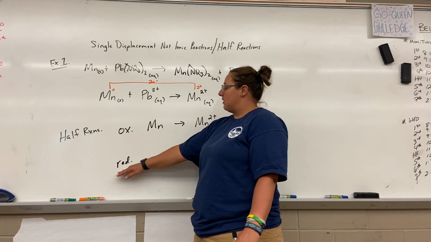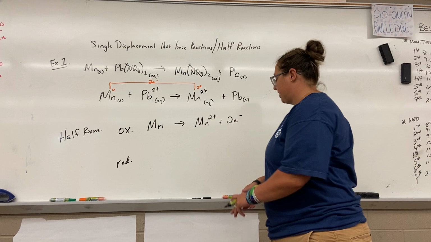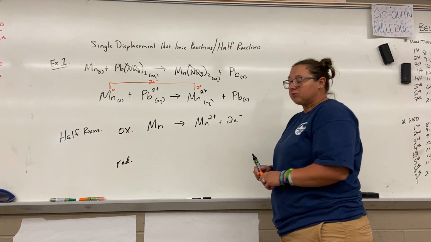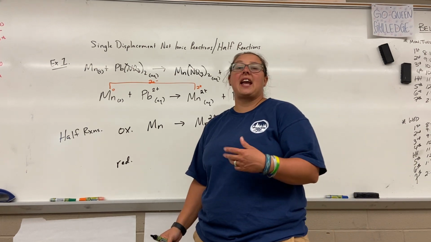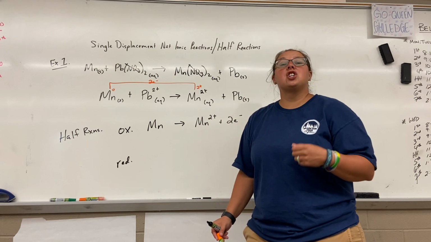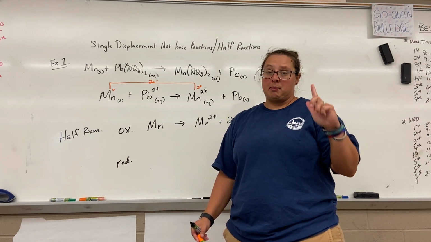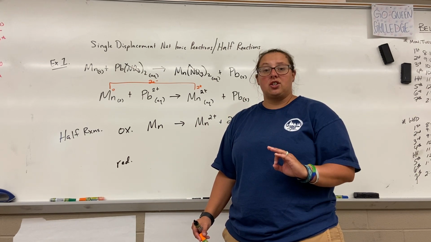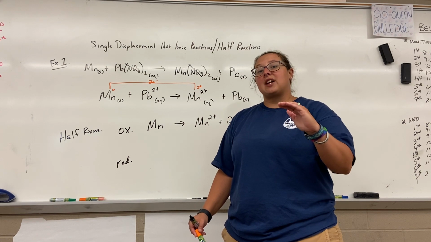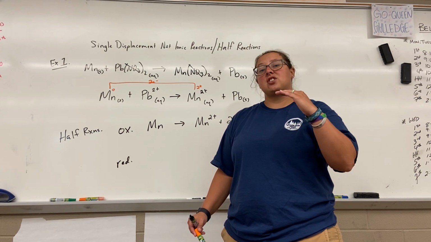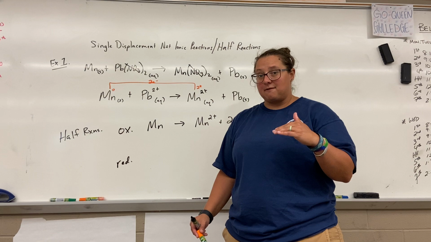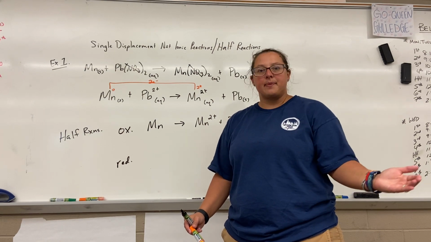Now we're going to do the half reaction for the reduction. So we look here. Reduction means that you are gaining electrons. Because you are gaining electrons, remember, electrons are negatively charged. What you're doing is getting your charge, your oxidation state, to become more negative because you're adding more negatives there.